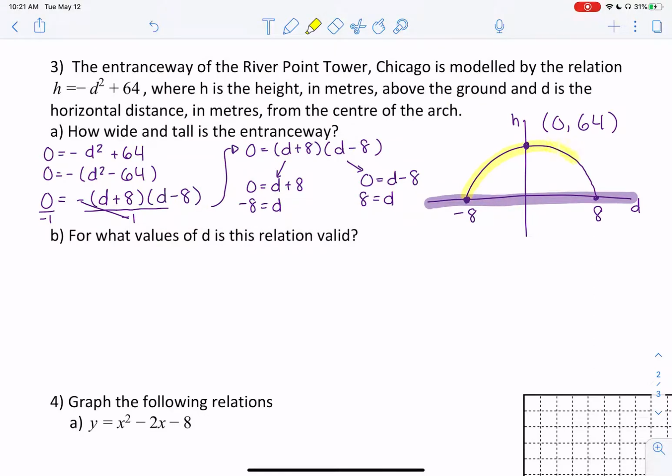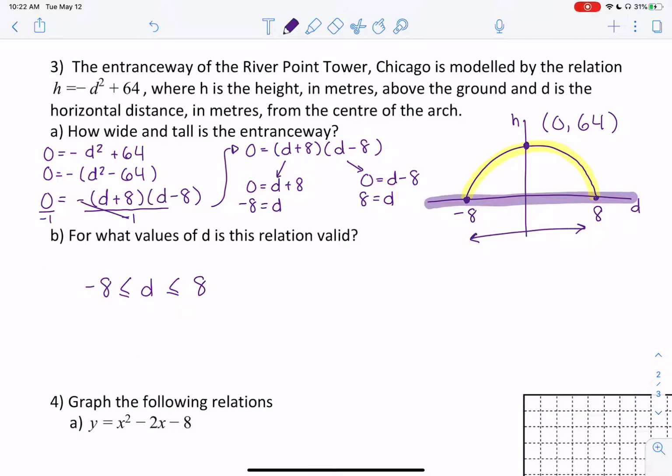And when I'm talking about valid, I mean in real life. The graph actually will go on forever and ever, but we want to cut it off to the part that makes sense in real life. So the only part that's valid in real life will be from negative 8, which is less than or equal to d, which is less than or equal to 8. So only in between here.